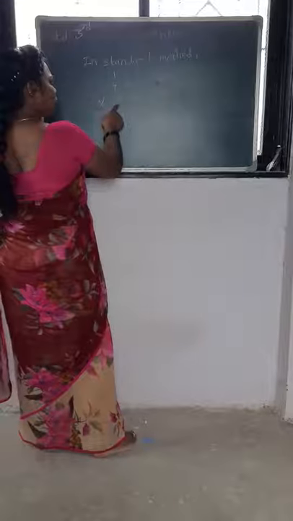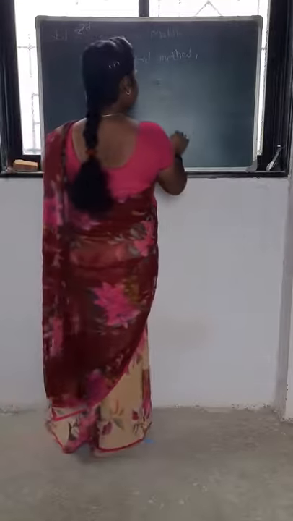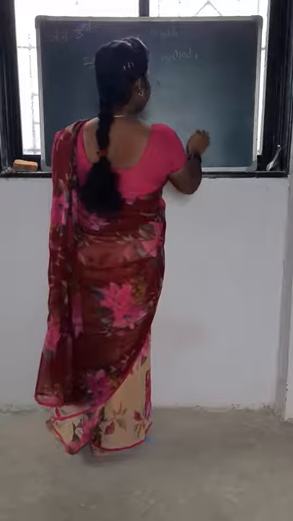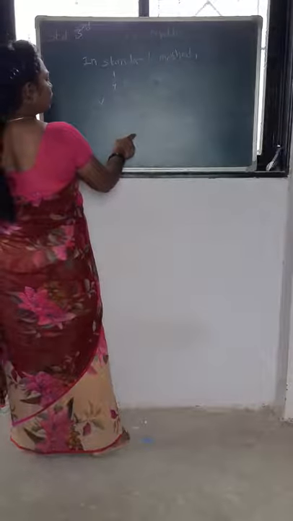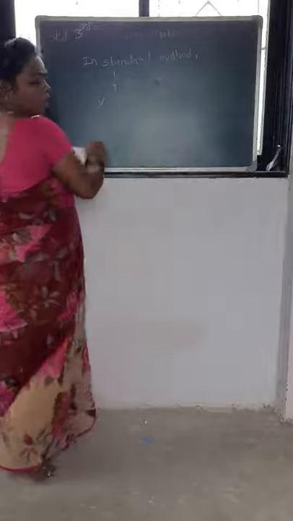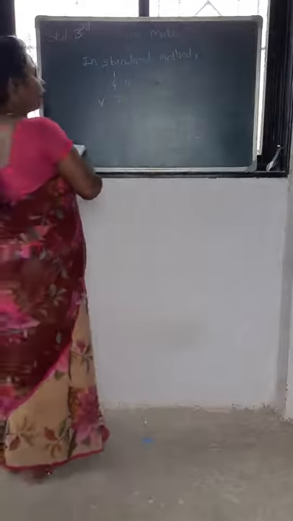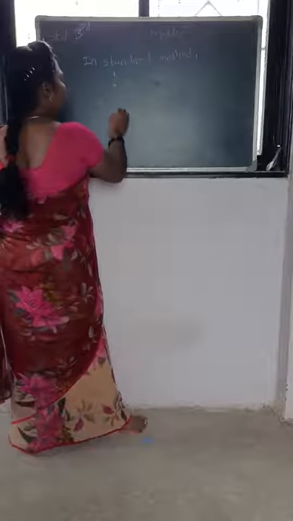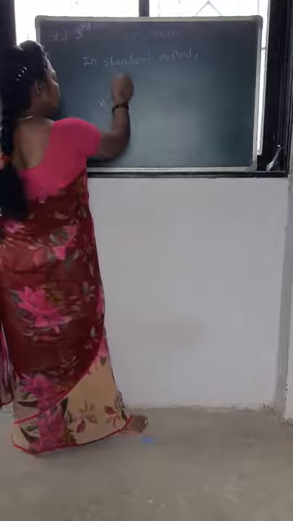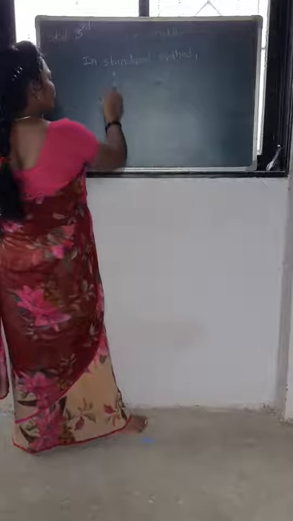Next, starting multiplication by 2, that is tens. 46 multiplied by 2. In the ones column we do not write any number. Then 2 6s are 12, carry 1. 2 4s are 8, 8 plus 1 is 9.